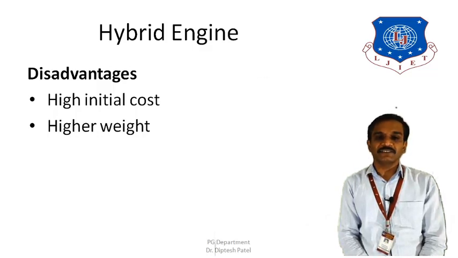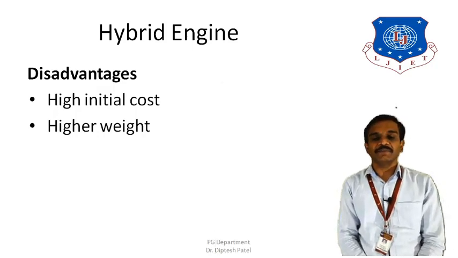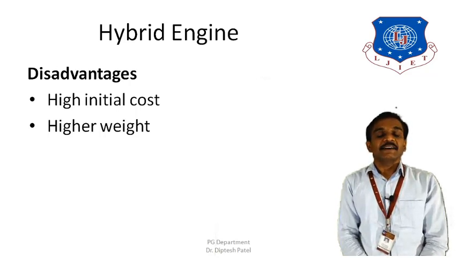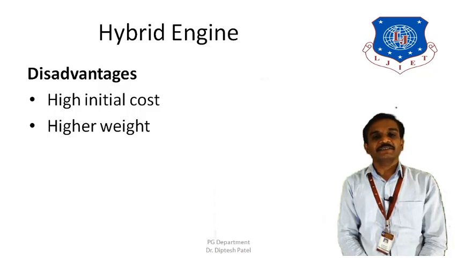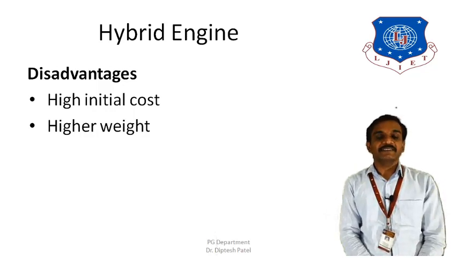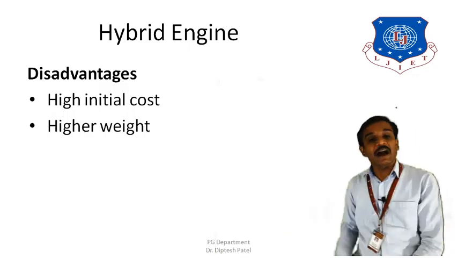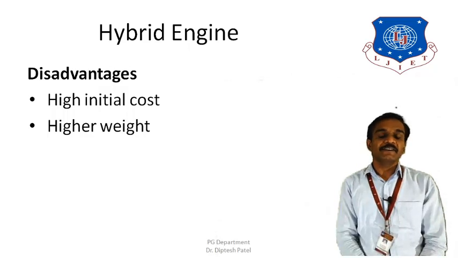It also requires the generator, power split device, the battery, and special connections, special equipment in between, which connects all the equipment. And one more thing it requires is an electric motor. So the number of components is higher as compared to the conventional engine, and therefore its initial cost is high. And the second one, higher weight. As you can see, the number of components is higher, so its weight would also increase.